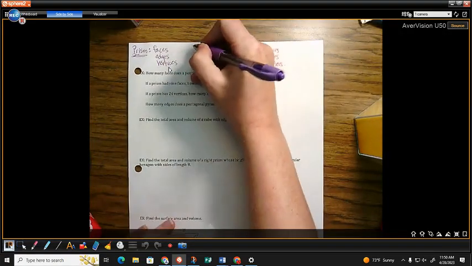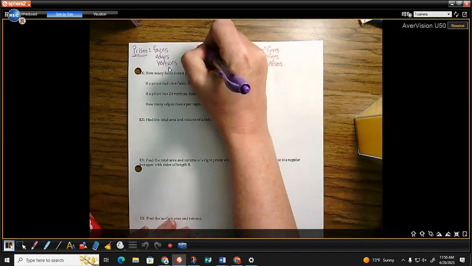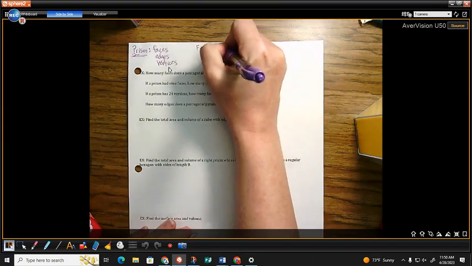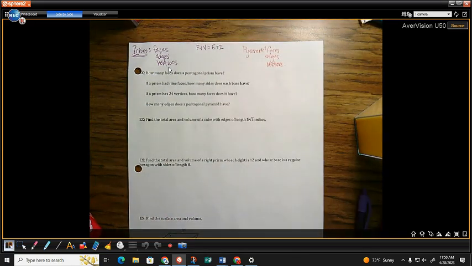So we have that formula. The faces plus the vertices equals the edges plus 2. But what if you don't know all those things? You can still figure out a lot of them because they're all connected to the base. If you know what shape your base is, you can figure all those numbers out.